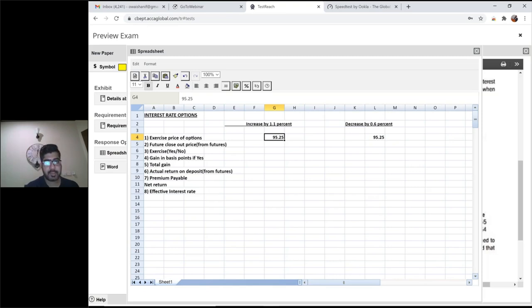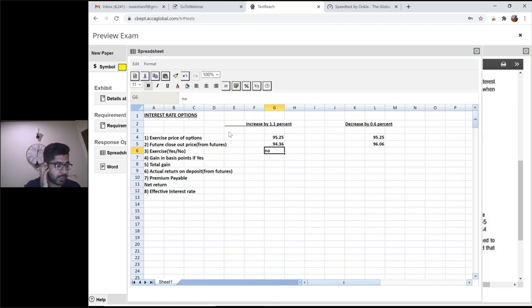In case of increase, I think it was 94.36. And in case of decrease, it was 96.06. Okay. Yeah, I need to decide exercise yes or no. Now the strategy was buy now, sell later. Remember, buy at this price, sell at this price. So buy now at 95.25, sell at 94.36. Buy at 95, sell at 94. Exercise yes or no? The answer should be no.